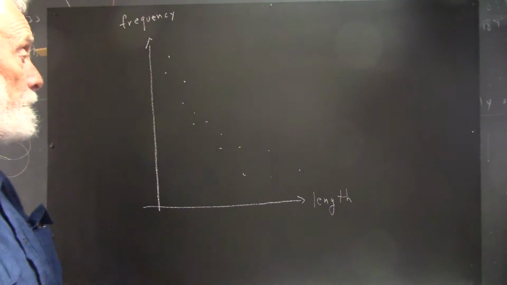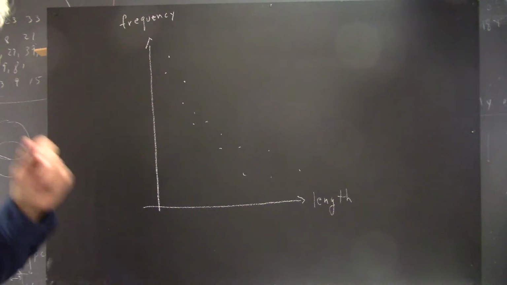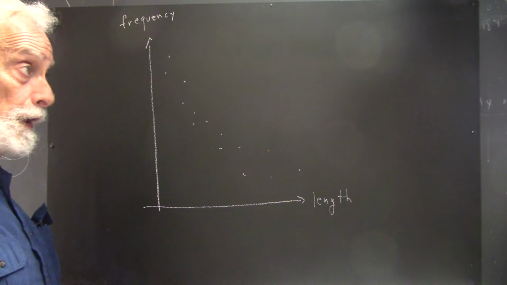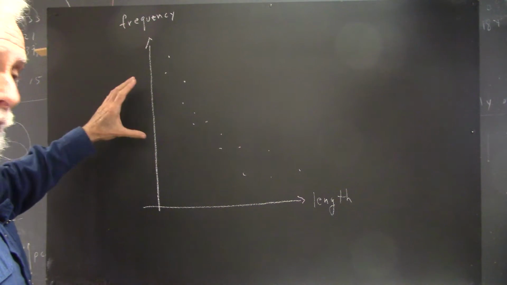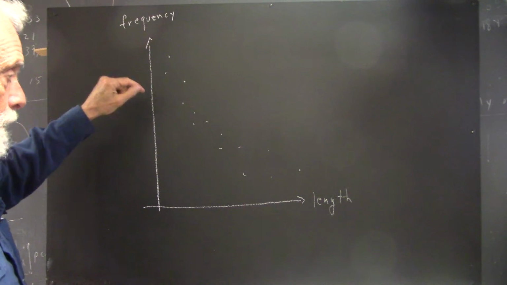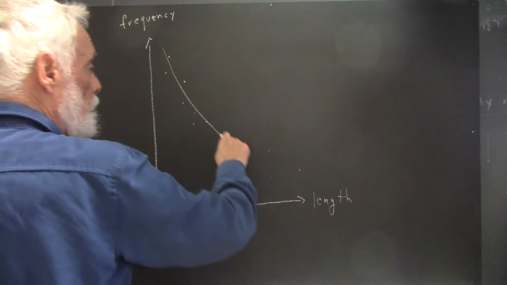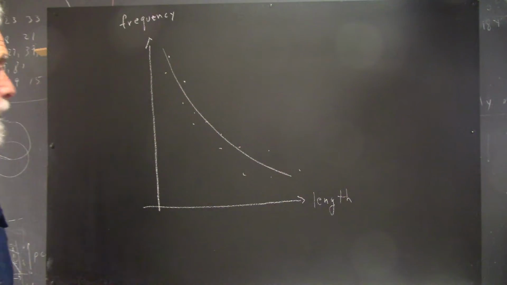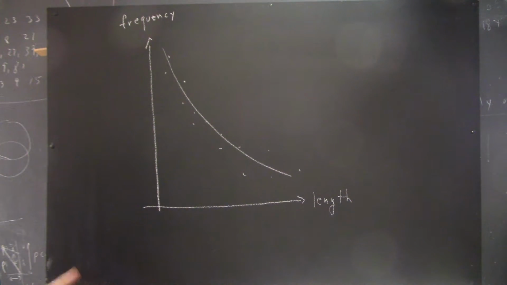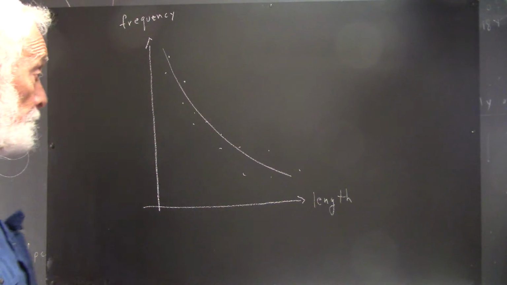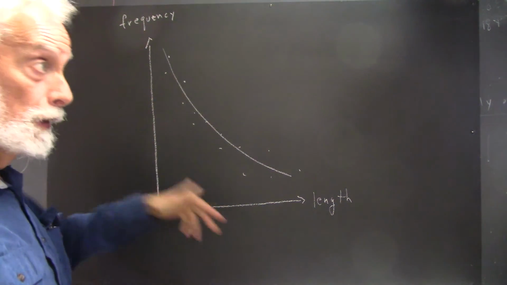Now, probably not. Actually, looking at the shape of this thing, I don't think I have the frequency versus length shape right, but if this is it, then we have this kind of a graph for frequency versus length. And then we can sketch a curve that fits the trend of the graph, and we can analyze that curve using the methods that we've used for power functions. First, we can see if it is a power function using the test of a constant y factor whenever x doubles.